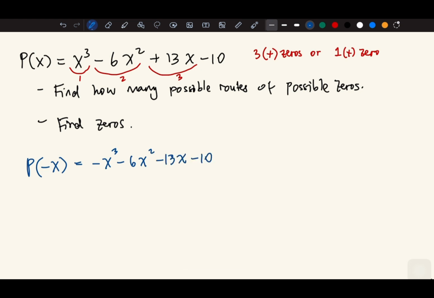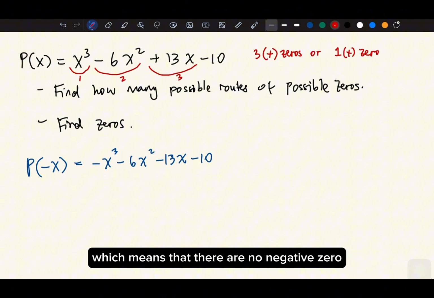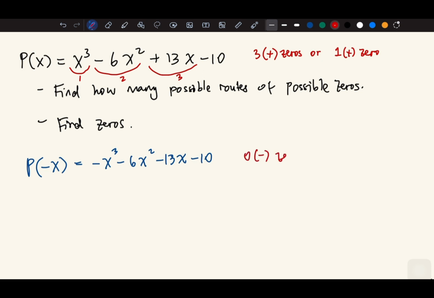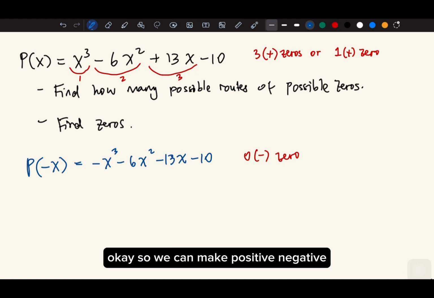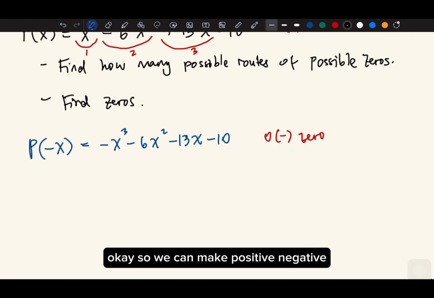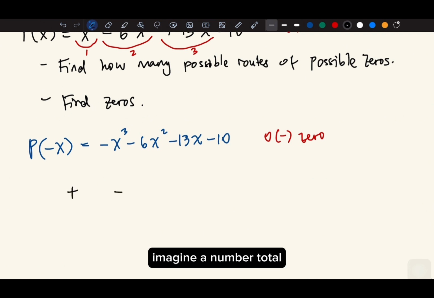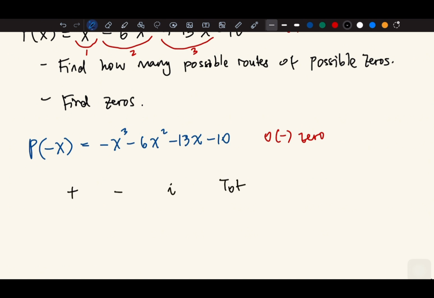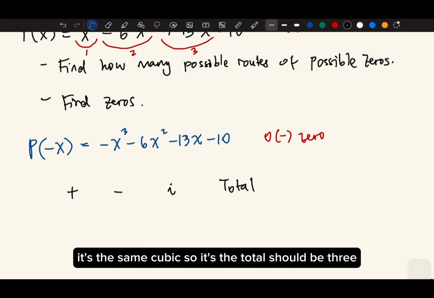All negative, which means that there are no negative zeros. So we can make positive, negative, imaginary number total. It's the same cubic, so the total should be 3.